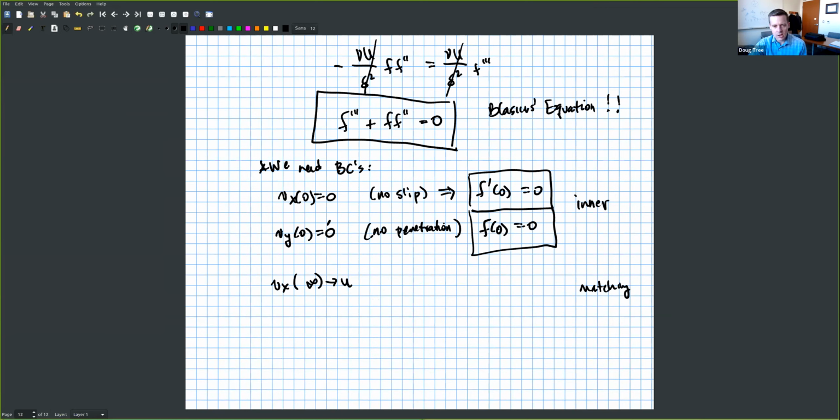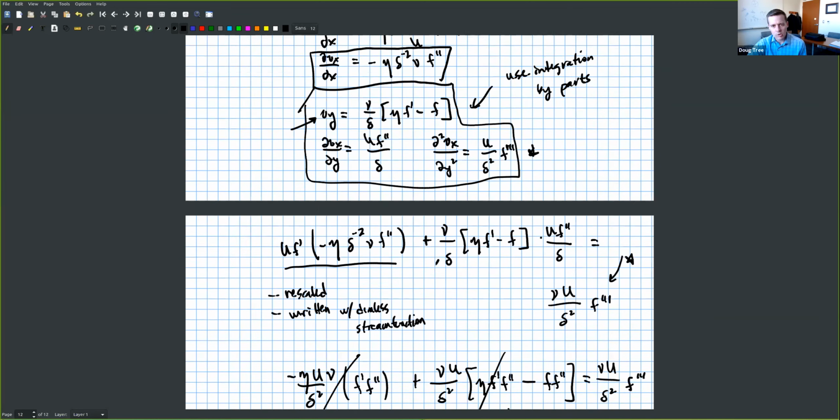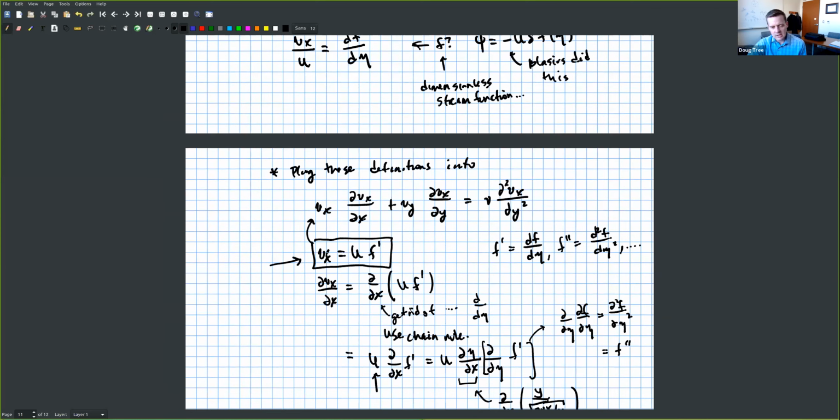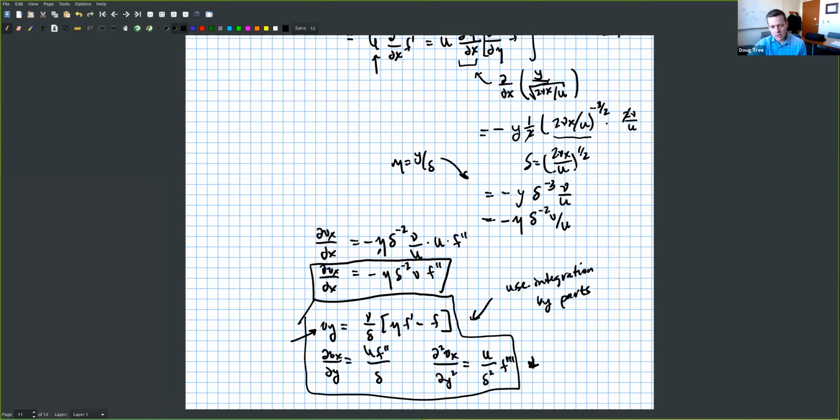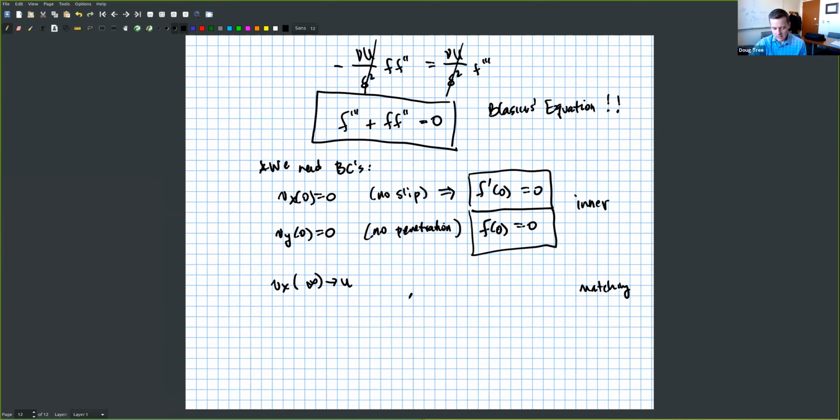So Vx I already found, and remember that Vx is u f prime. So that means that u f prime at infinity has to equal u, or in other words, f prime at infinity has to equal 1. That's my last condition, the matching condition there.